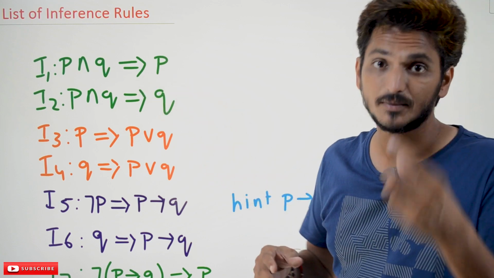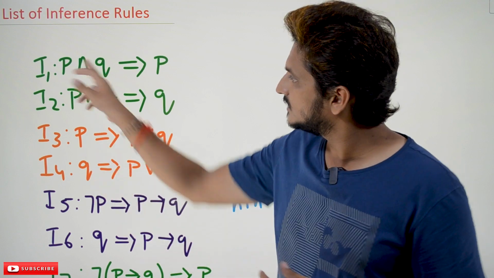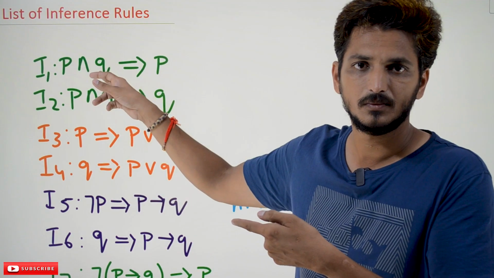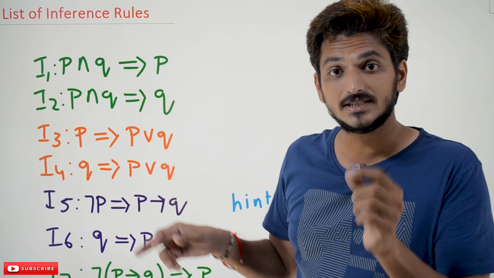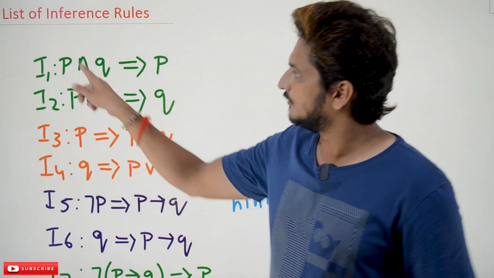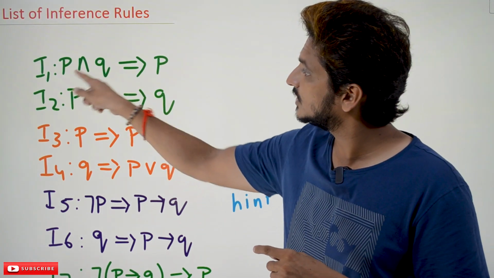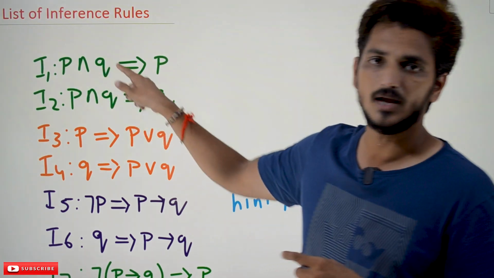Why? Understand the basics. If someone says that P conjunction Q is a true value, what's the meaning of that? Conjunction, when is it going to be a true value? If P is true and Q is true, then only P conjunction Q is going to be a true value.